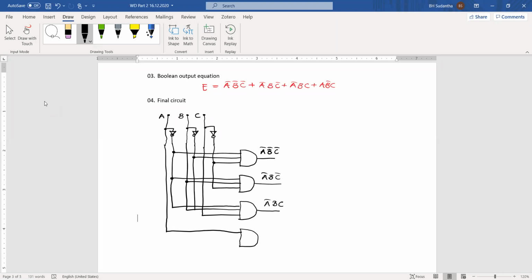This is B bar and C. After that, we can combine these 4 together using a 4 input OR gate. This is it.